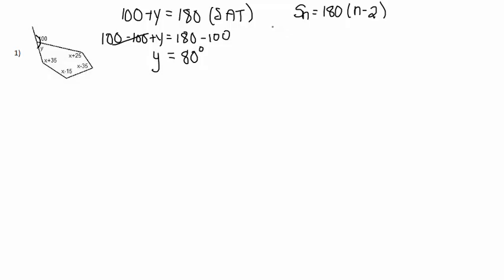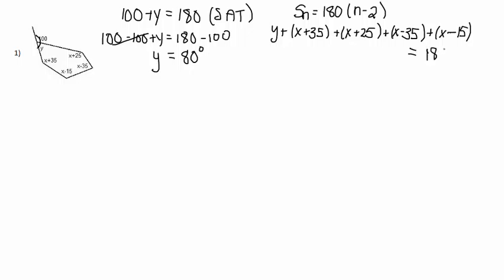So now we can do y plus x plus 35 plus x plus 25 plus x minus 35 plus x minus 15 is all equal to 180 times the number of sides minus 2.